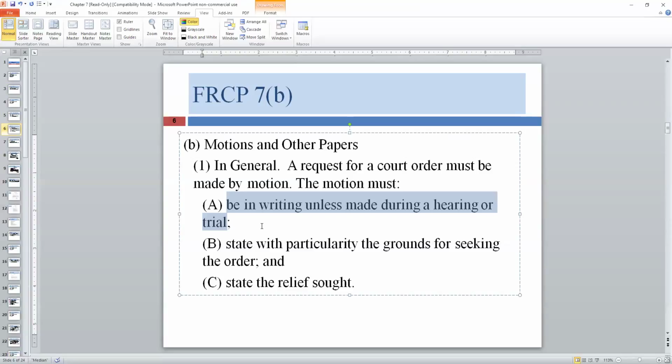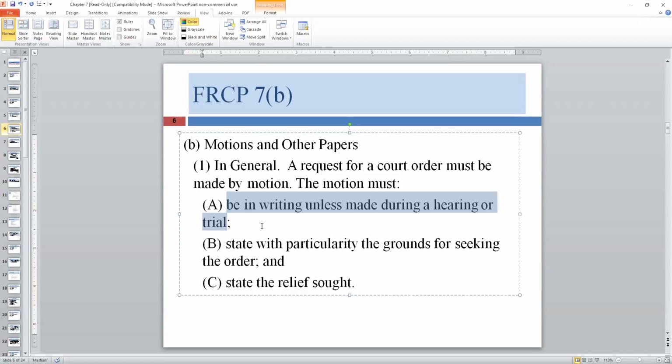All of those things are technically motions, but of course we're not going to stop trial and have somebody get out their computers and type up a motion at that time. So during a trial or during a hearing, when you're in the presence of the judge already, you do make oral motions. But it's still a motion.